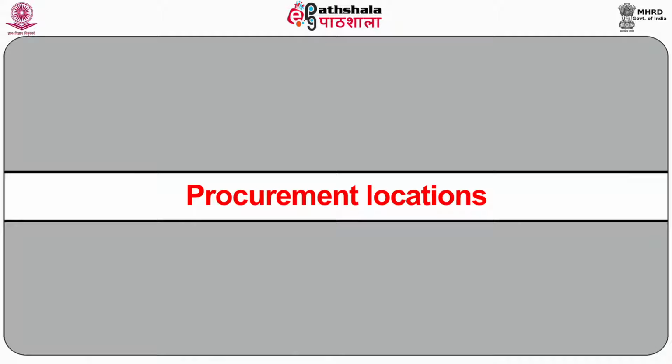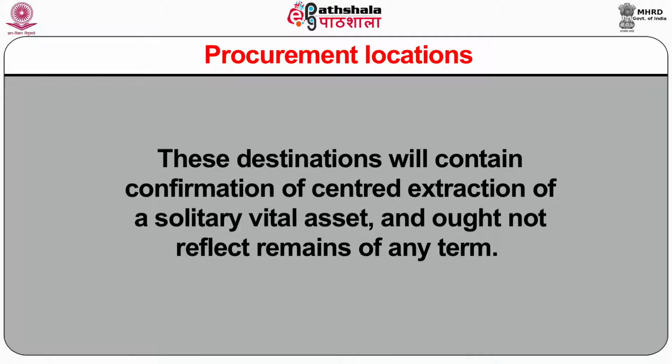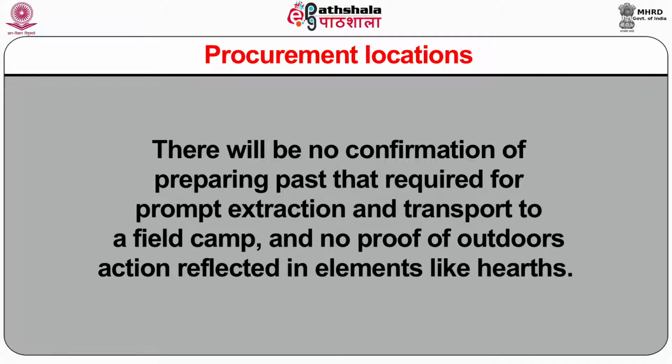Procurement locations. These sites will contain evidence of focused extraction of a single vital resource and should not reflect remains of any duration. There will be no evidence of processing beyond that required for immediate extraction and transport to a field camp, and no evidence of camping activity reflected in features like hearths.